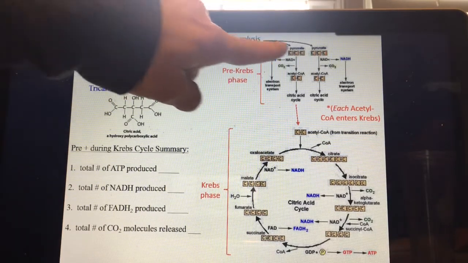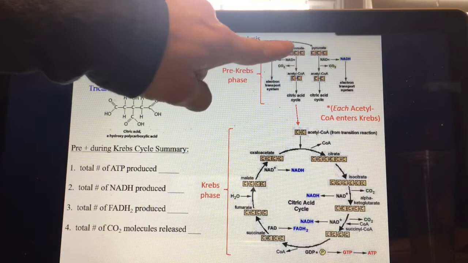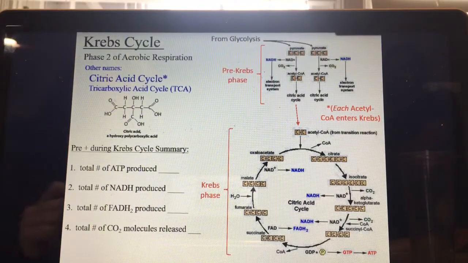So remember that we have pyruvate molecules, which are 3 carbon chains, which are the products of glycolysis that are going to be entering the mitochondria. That actually requires the cell to spend some ATP, so the number of ATP that we've previously told you, that 38 molecules of ATP, is actually unrealistic because the cell has to spend some ATP to move pyruvate and actually also ADP into the mitochondria.